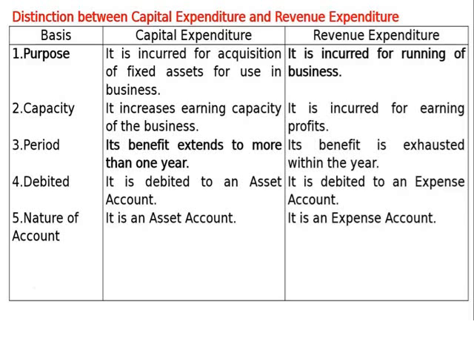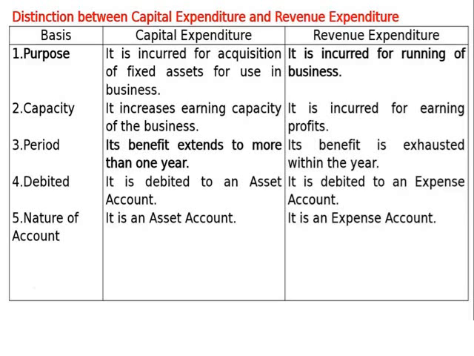So I am enjoying the benefit of that AC for the next 5 or 10 years. So capital expenditure gives benefit extended to more than 1 year. In the same way, revenue expenditure's benefit is exhausted within 1 year, because it is a recurring expenditure.